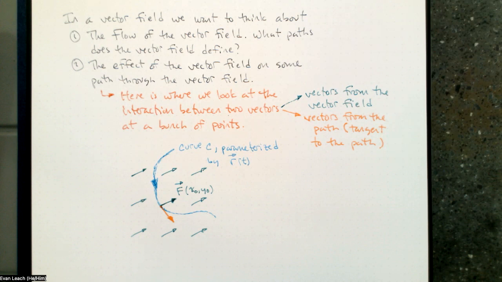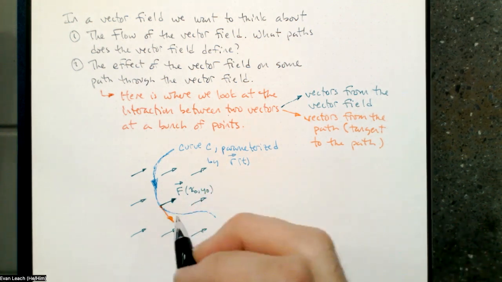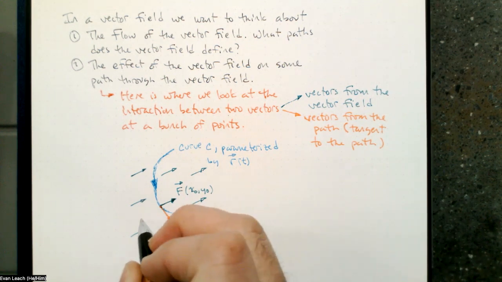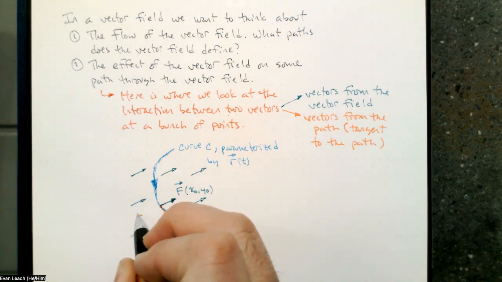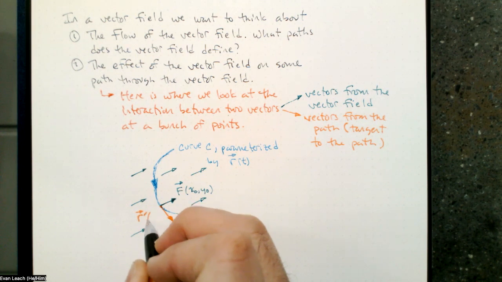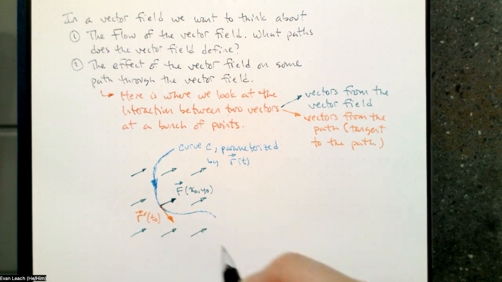And at each point on this curve in the vector field, we care about what's going on, what the direction of that vector is. So we care about the direction of this vector. So this vector is going to be r prime at some t naught.